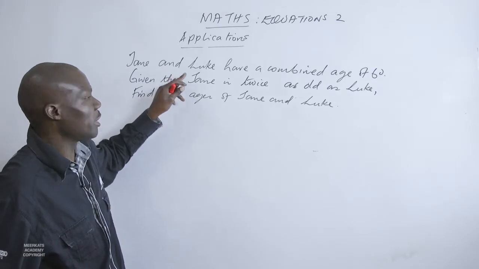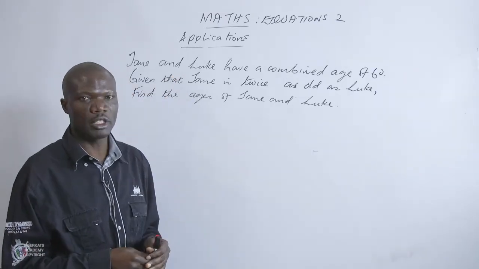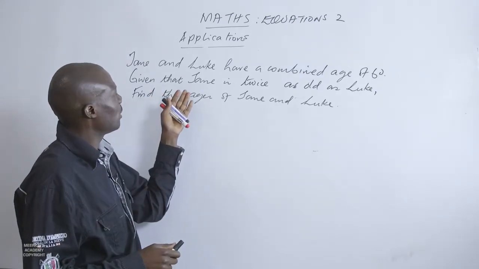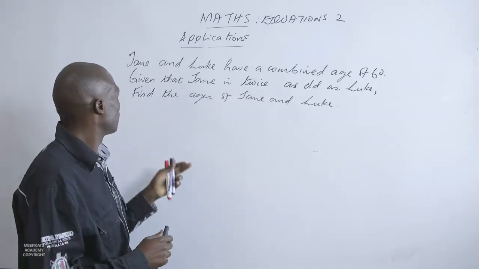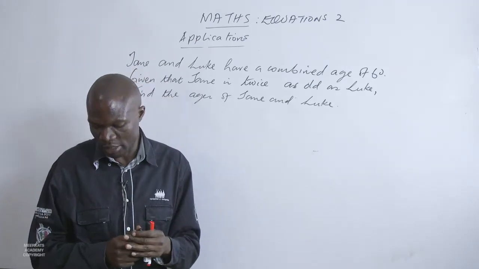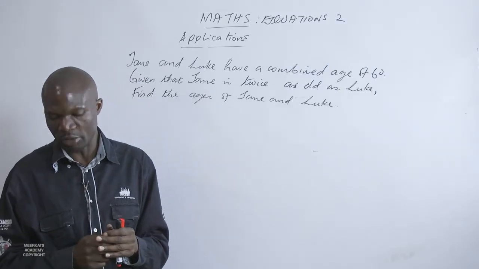Jane and Luke have a combined age of 60. Given that Jane is twice as old as Luke, find the ages of Jane and Luke.